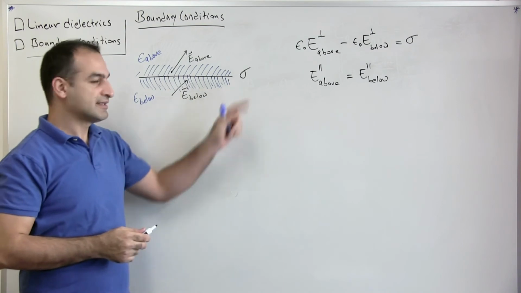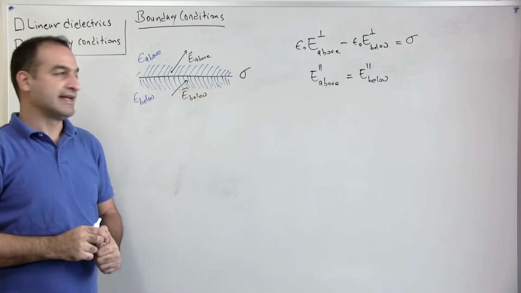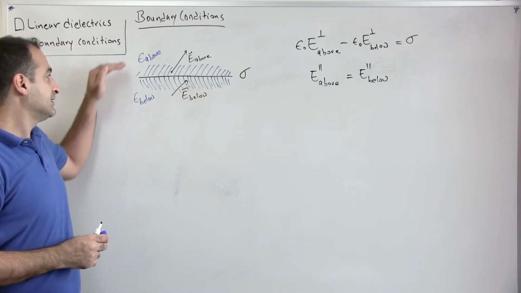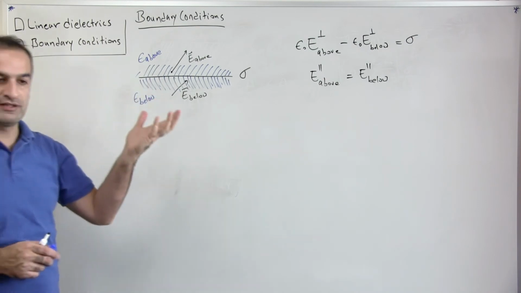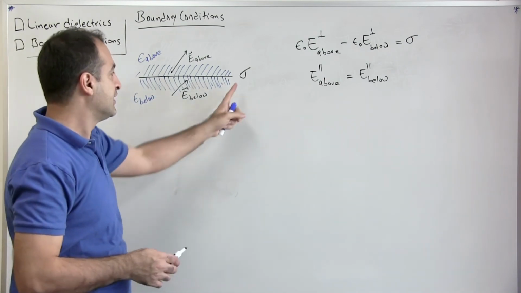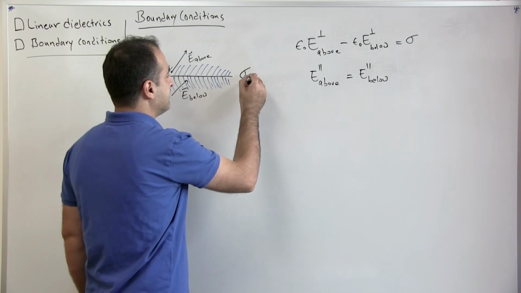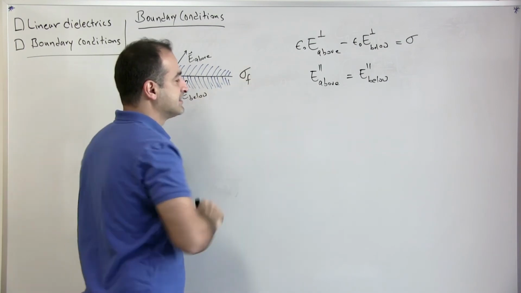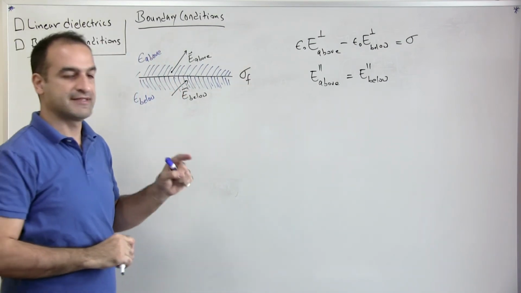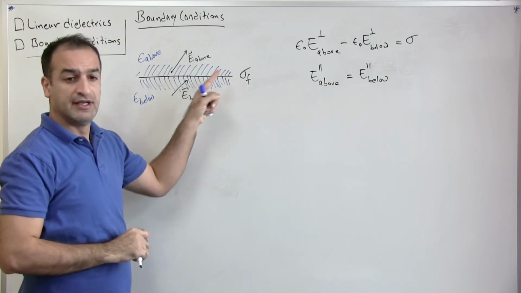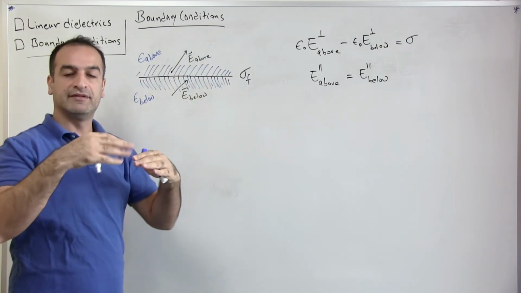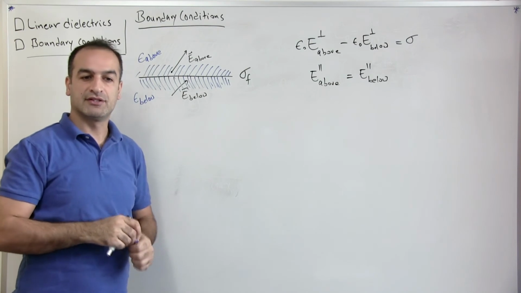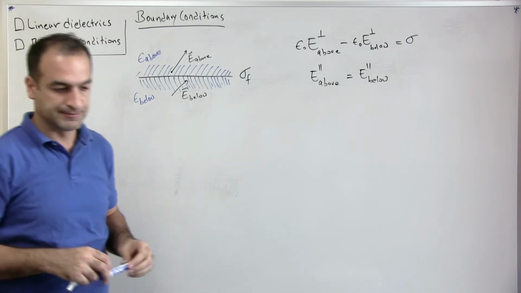Still, we have the charged surface here, okay? And now that we have these dielectrics and we have bound charges created by those dielectrics, I choose to call sigma, the charged surface that we had, sigma F, just to emphasize that this is a free charge density independent of any induced charge on the surface of the dielectrics.